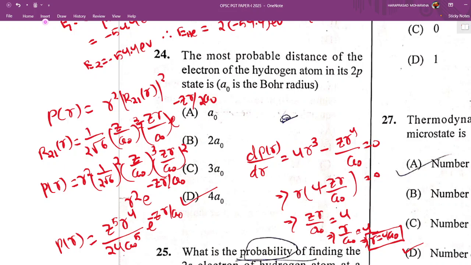You just have to square it, so you get r square times this expression, and then the probability P(r) will be this. Now for the most probable distance, we know the derivative of the probability will be 0, so differentiate with respect to r, and you get this expression. Now r can't be 0, so the bracketed term is equal to 0, and you get r by a naught is equal to 4. So r is equal to 4 a naught, and the correct option is option D.